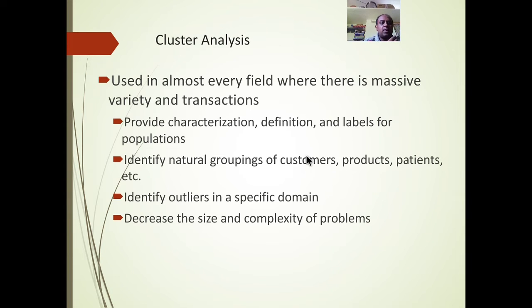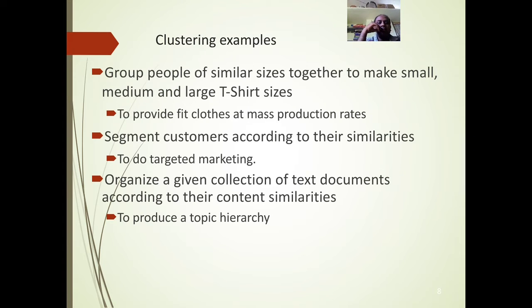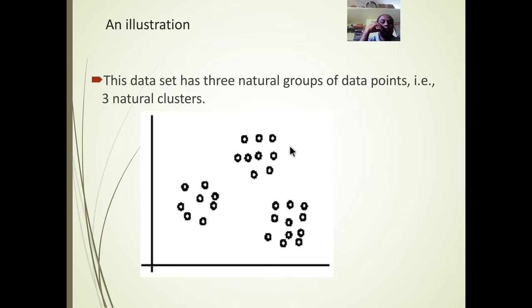Cluster analysis is used in almost every field where there is a massive variety of transactions. It provides characterization, definition, and labels for populations, and identifies natural groupings of customers, products, patients, etc. So this is an example of three natural clusters, a data set that has three natural groups of data points.